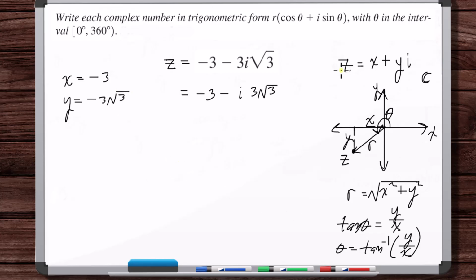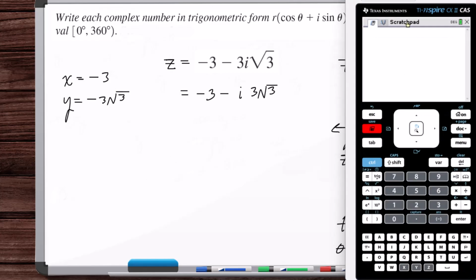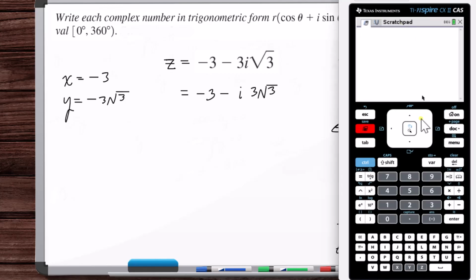So now we can plug this in, so okay, y over x is going to be just root 3. So arc tangent of root 3 is going to, or no, we're in the third quadrant. Yeah, third quadrant.